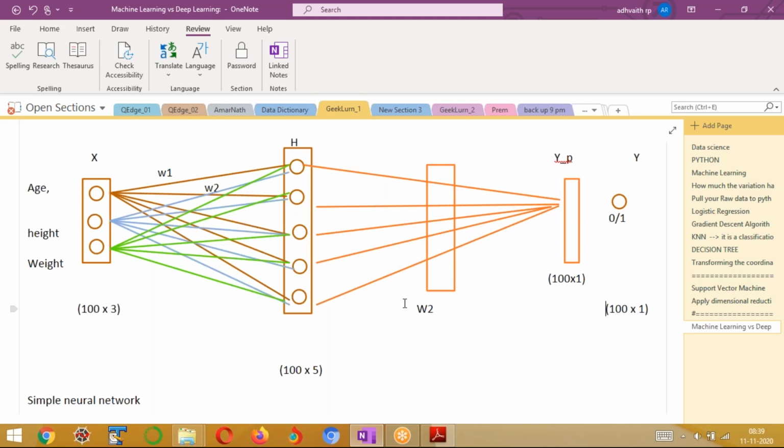Let's imagine in linear regression, if I apply my own beta coefficients, will your error get reduced? Will your accuracy improve?